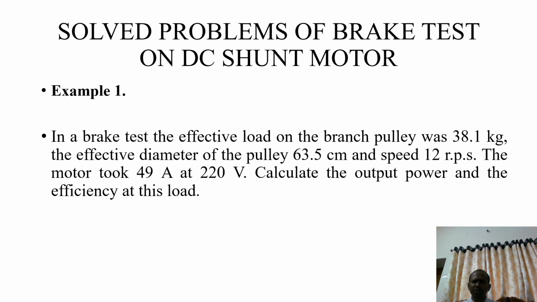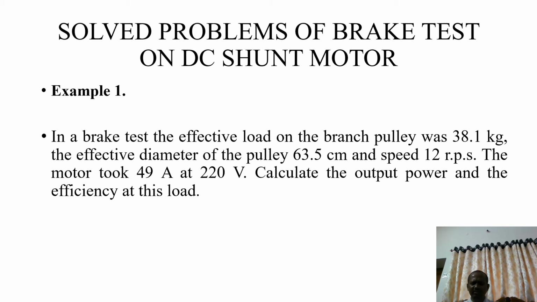The motor rotated at 12 revolutions per second. The motor took load current of 49 ampere at 220 volts. Calculate output power and the efficiency at this load. Means the motor is rotating by applying the load.